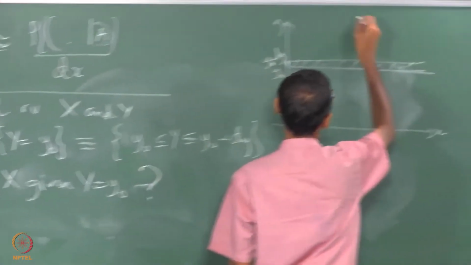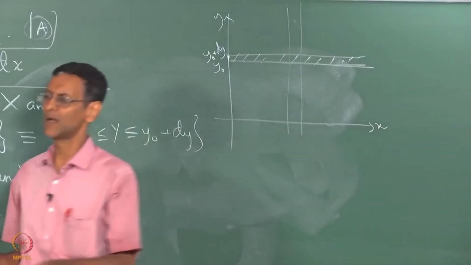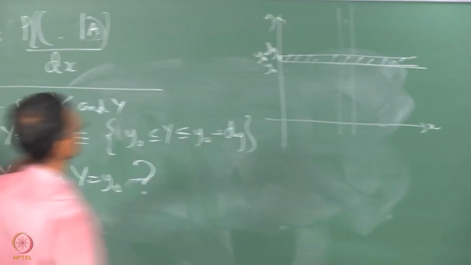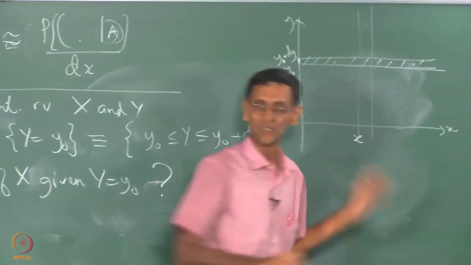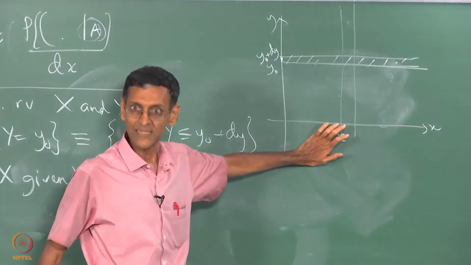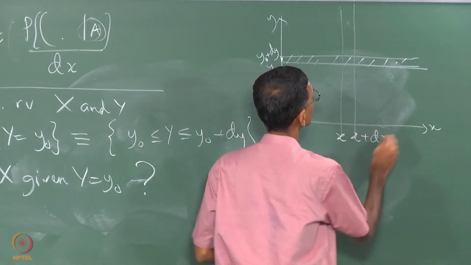So let us say my new omega x is found independently. Let us not bring that into the picture right now. Let us assume that this x is inside the new omega x also, so that it makes sense to look at the density of x at this point. So I have x here and I have x plus dx here.